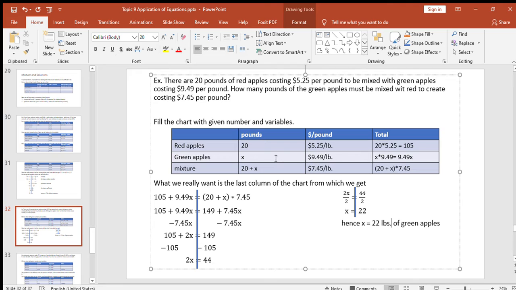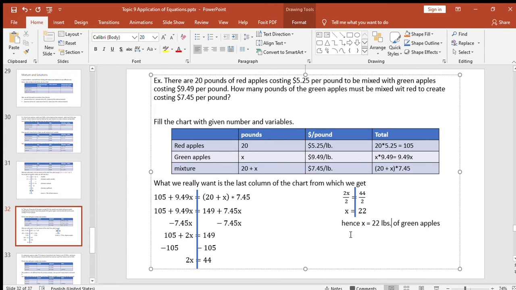It cannot be smaller than 20, because the price will drop lower than 5. And in this case, 7 is larger than 5, so x should be a bit bigger than 20.